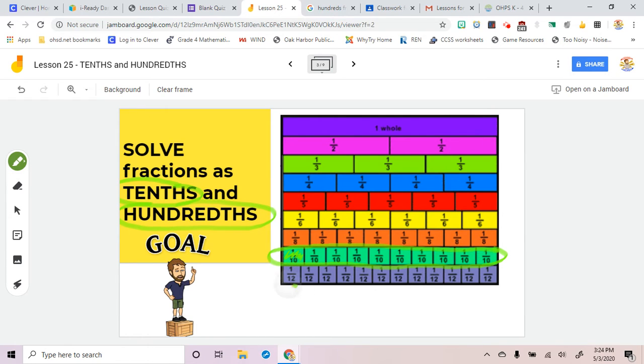Now imagine there was another one here and it was chopped up into 100 pieces. One of those little tiny pieces would be 1/100. So every tenth would be worth 10 hundredths. So that is going to be our goal for today. Tenths and hundredths.